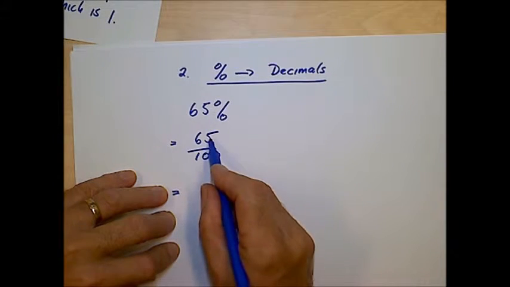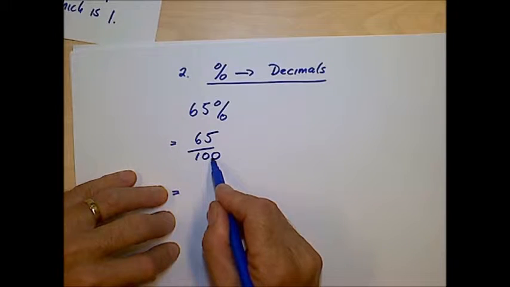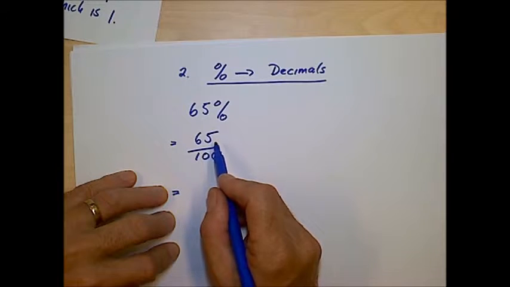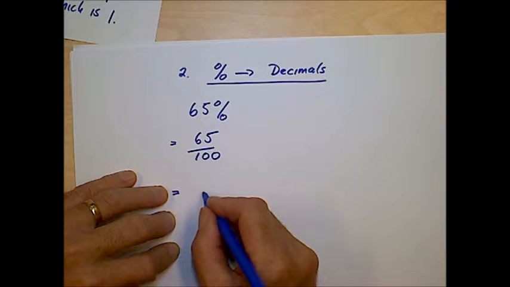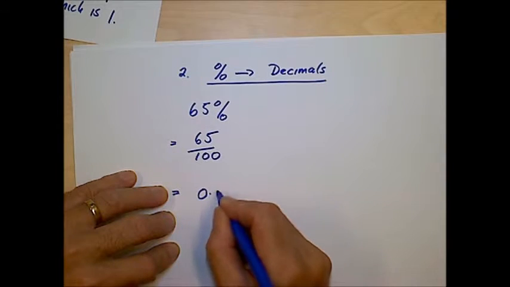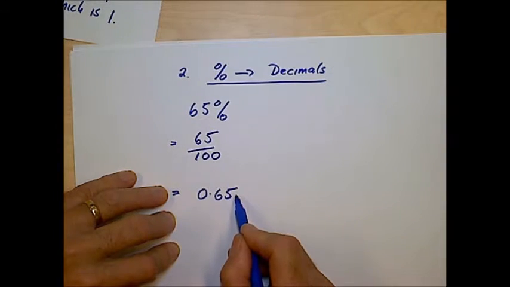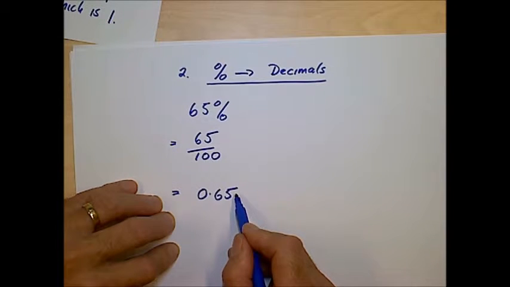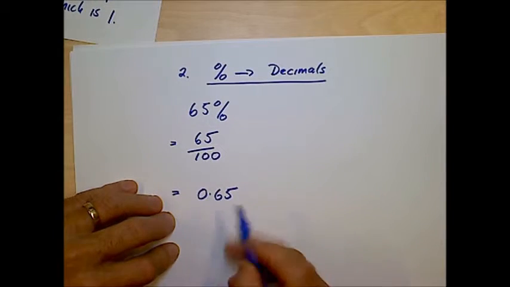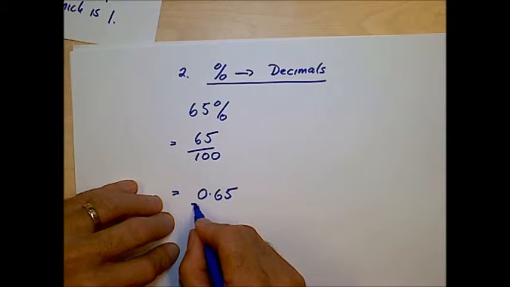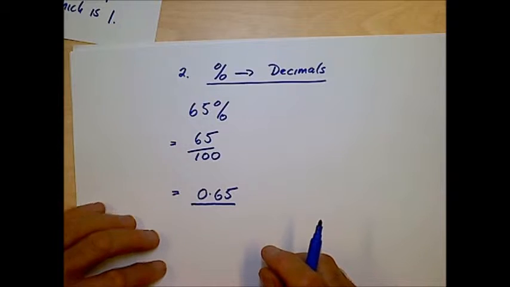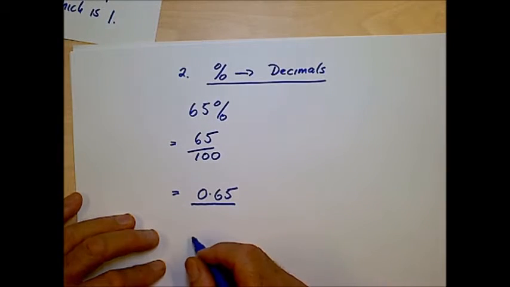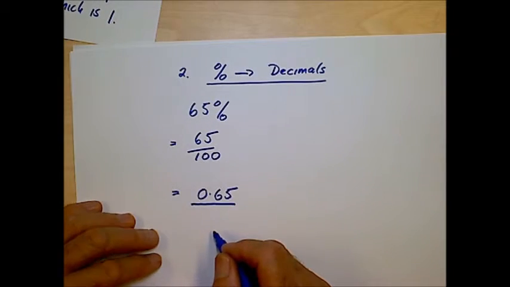And of course that means 65 divided by 100, which means it's an instruction simply to move the decimal point 2 places to the left. So if we move the decimal point 2 places to the left, we're going to get 0.65. The decimal point used to be here. When we divide by 100, the decimal point is going to move 2 places, because every one of the digits in the houses is going to be moved 2 places to the left. So that's how we do a conversion.